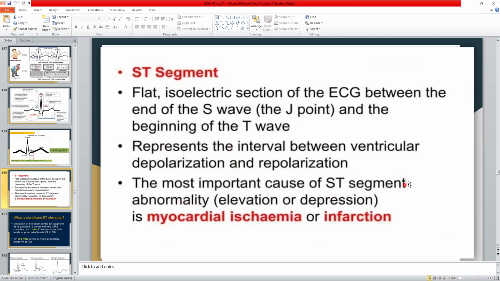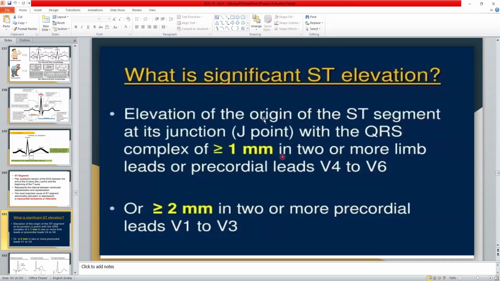The most important cause of ST segment abnormality, whether elevation or depression, is myocardial ischemia or myocardial infarction. So what is the significance of ST elevation?